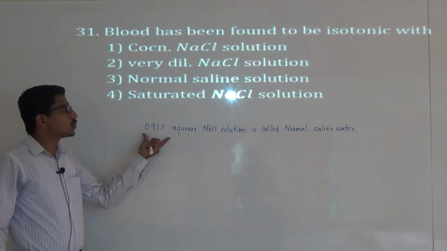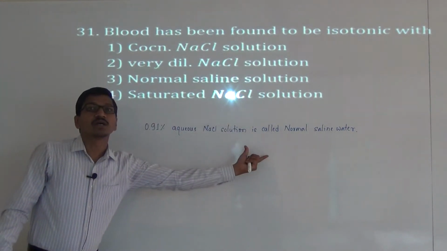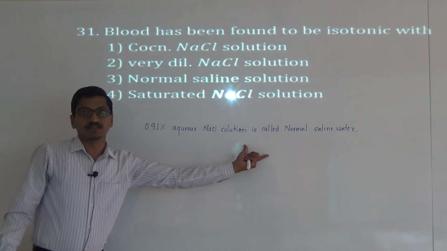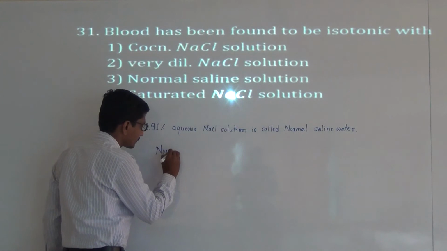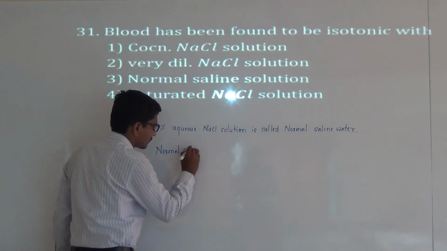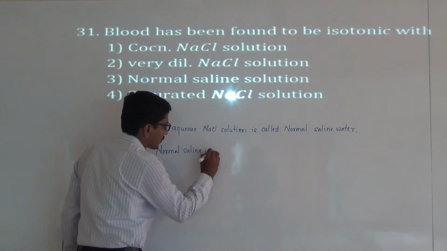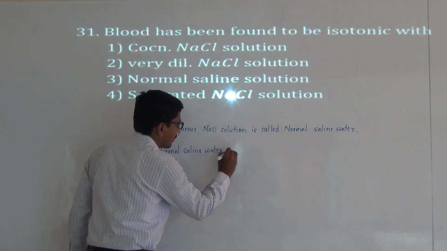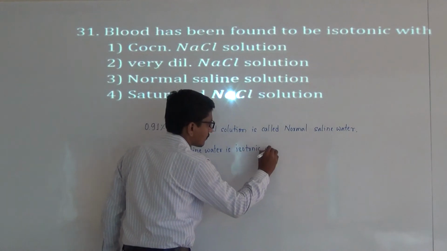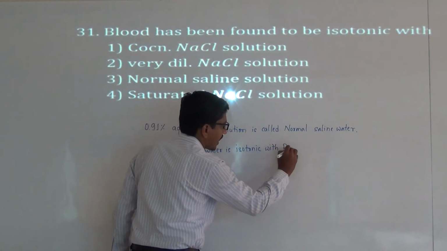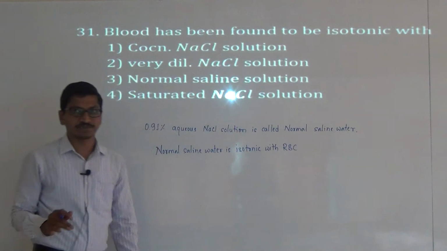And the normal saline solution is isotonic with RBC, blood cells. Normal saline water is isotonic with RBC, meaning blood cells.